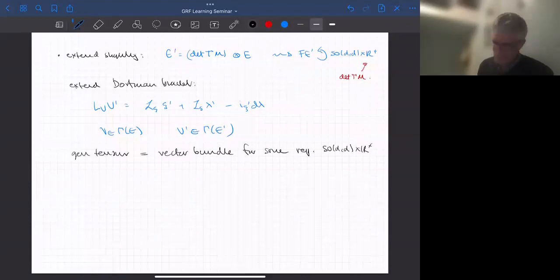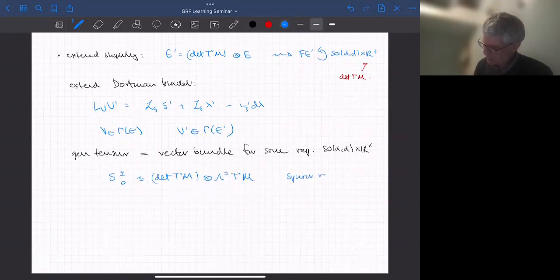And so, for example, there are two natural things, which are the spinor representations. Here I take them to be weight 0 under the R plus.